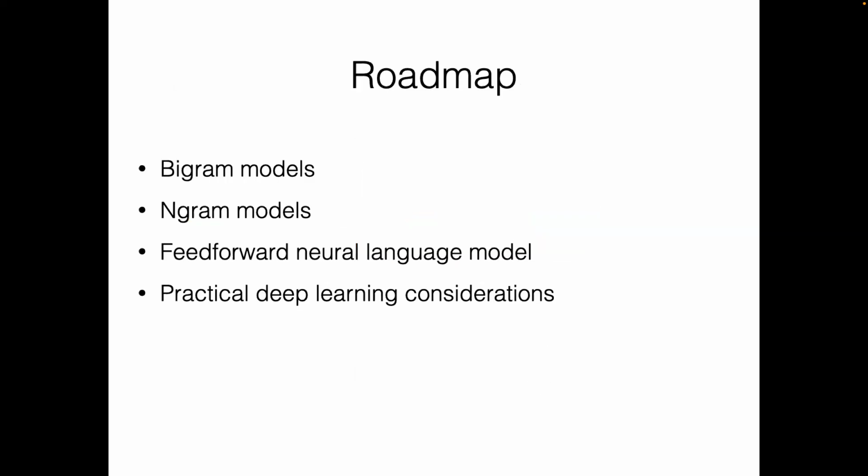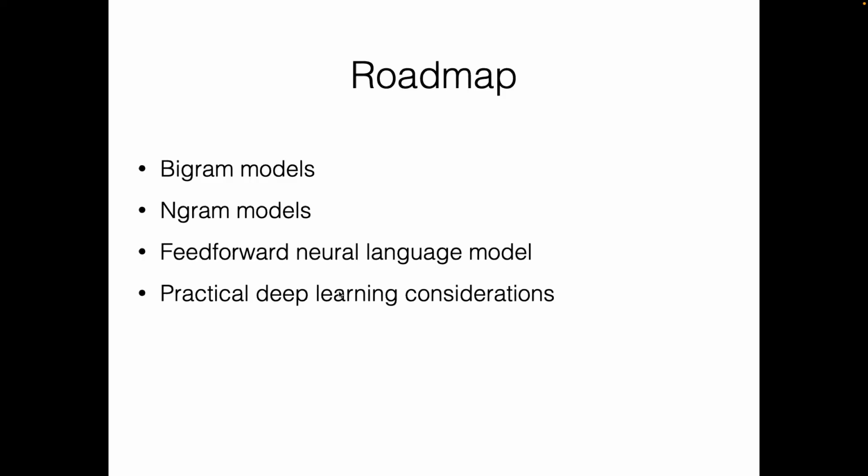Okay. Today we're going to talk about these really simple models called bigram models, based on counting tokens, and n-gram models. And then at the end, we'll look at using a simple neural network to parameterize the language model.